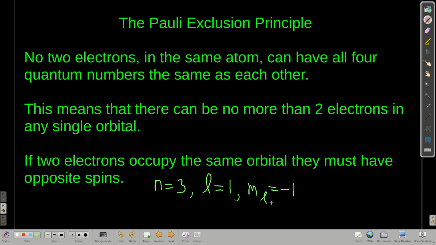Now we could have 2 electrons in the same atom that have all these 3 quantum numbers the same, but the 4th quantum number has to be different. For 1 electron, it's going to be plus a half, or spin up is what we say. If there's a 2nd electron in that atom that has n equals 3, l equal to 1, m sub l equal to negative 1, yeah, that would be true.